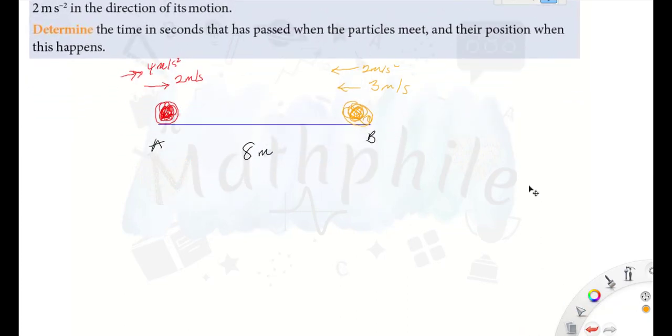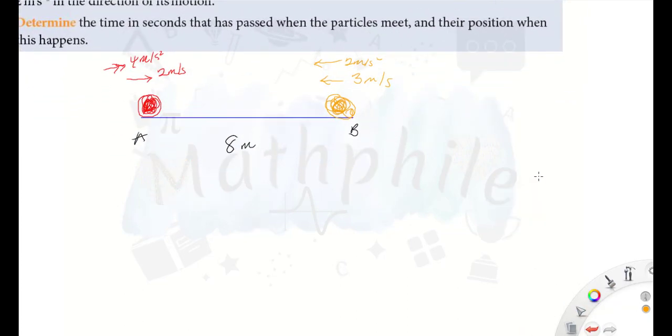Set up the SUVAT. So I'll set up the SUVAT of the red one, given the initial velocity of 2 meters per second and an acceleration of 4 meters per second squared. We were told that at the same time, so the time is the same.